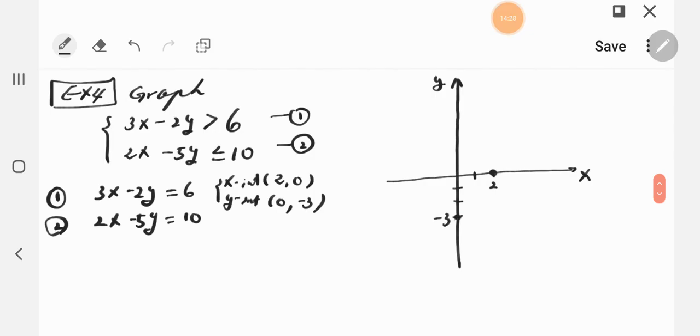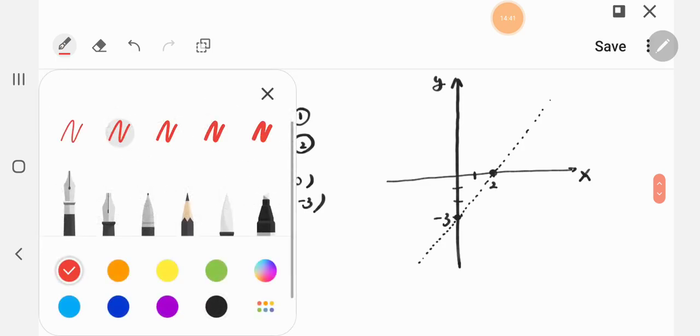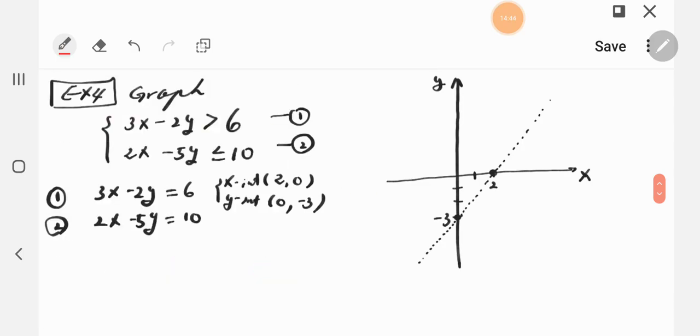And then the line is a dashed line, because the inequality does not contain the equal sign. Let's use 0, 0 as a testing point. Plug in 0, 0.